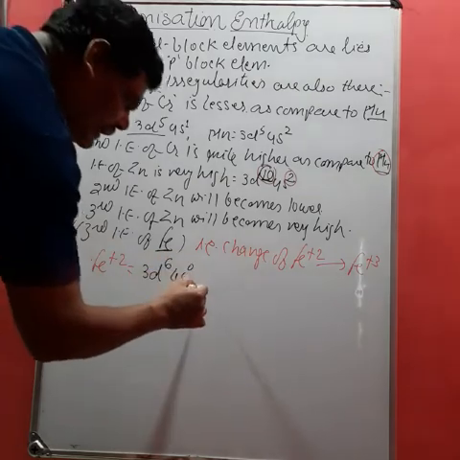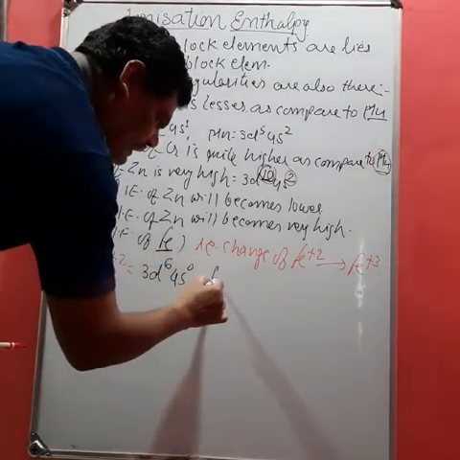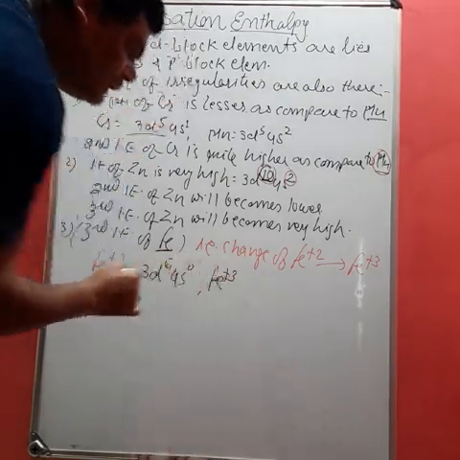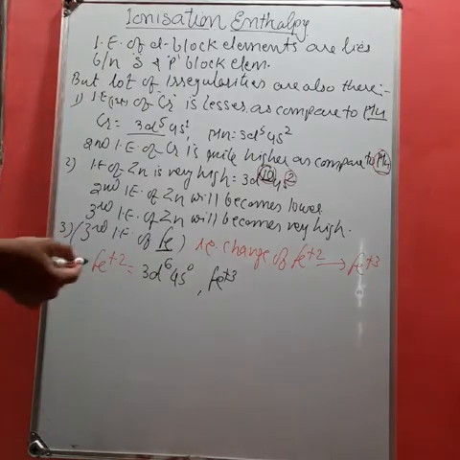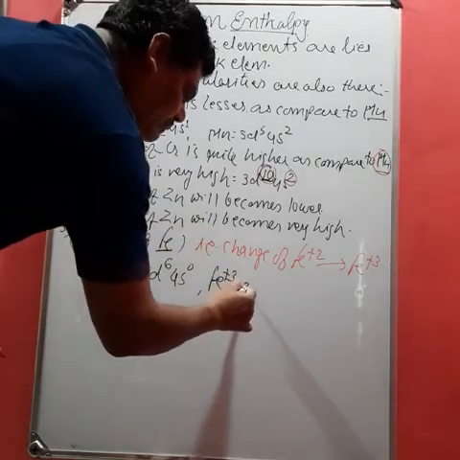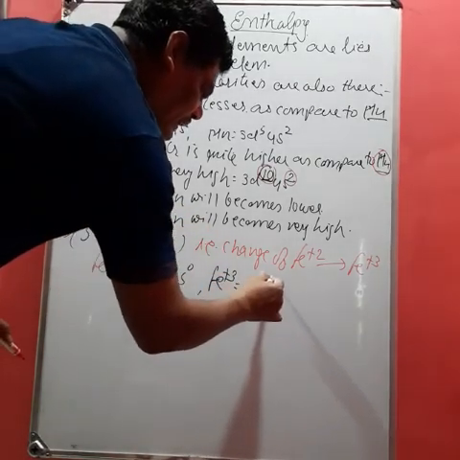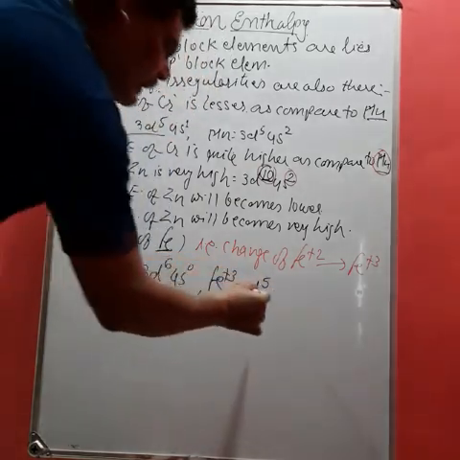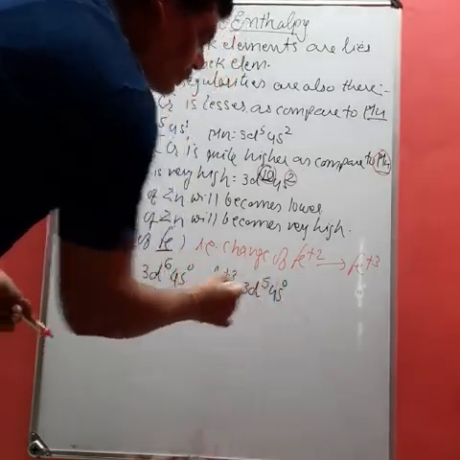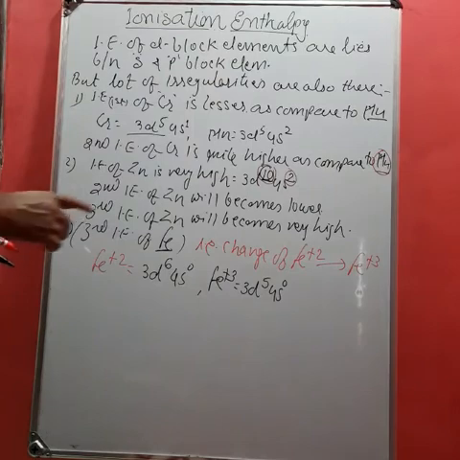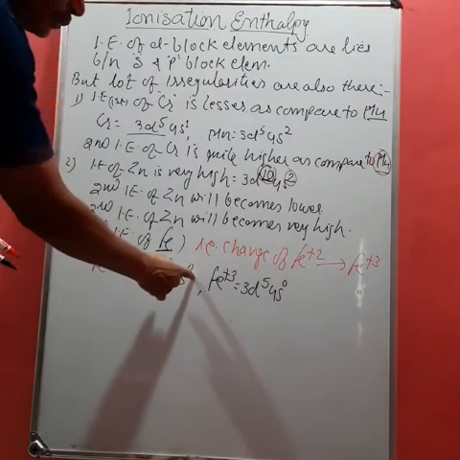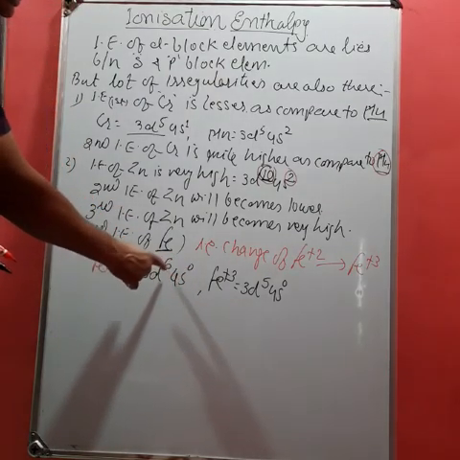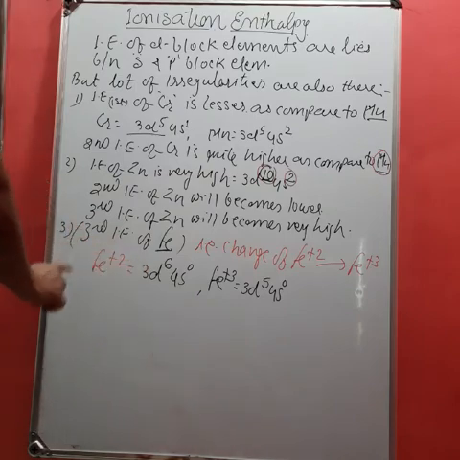But when it has to become Fe plus 3, now the configuration becomes 3d5 and 4s0. Isn't it? Actually 4s2 and 3d6 is the configuration of pure iron.